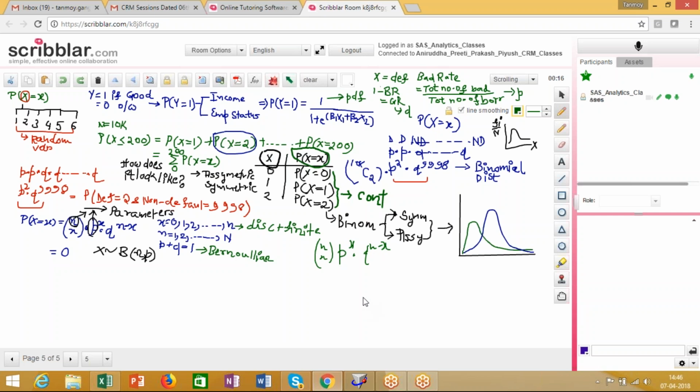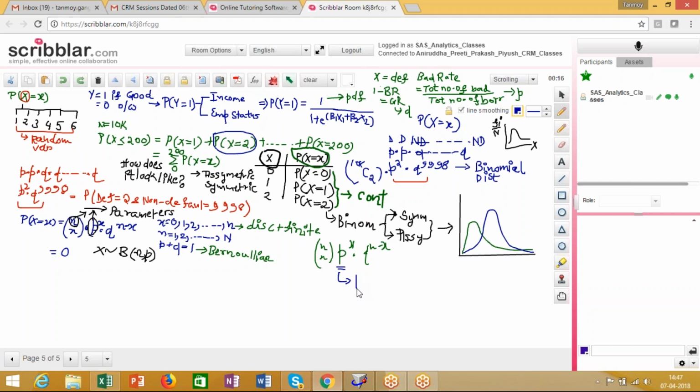Now observe, if we think about this very intuitively without getting into the mathematics, this p to the power of x is the probability of success.